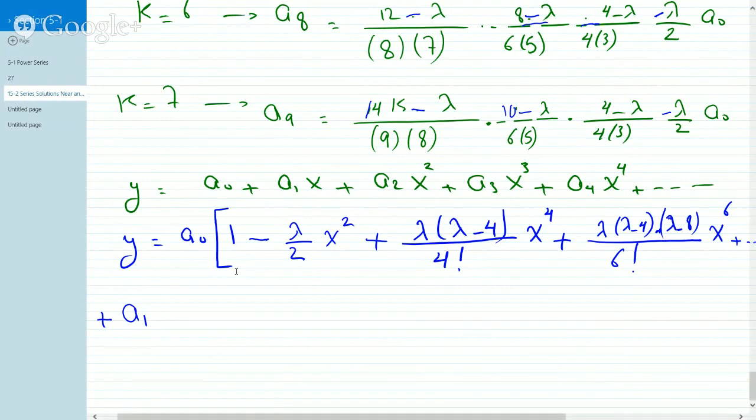Any questions so far? So far making sense? So now we'll gather the a1 terms.